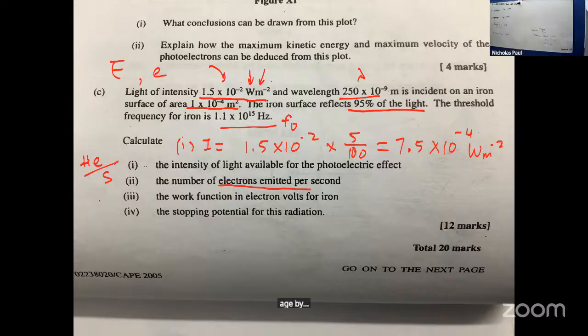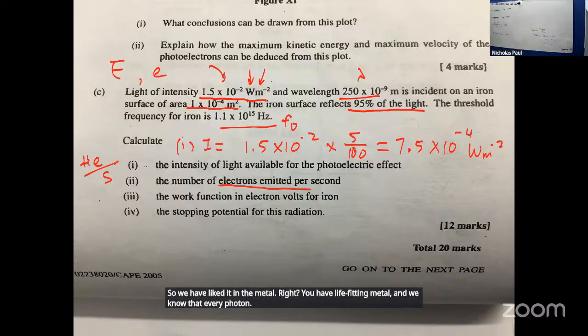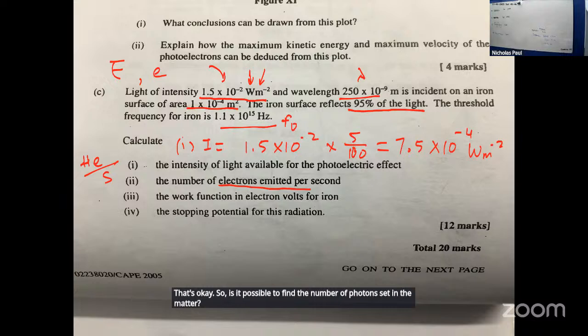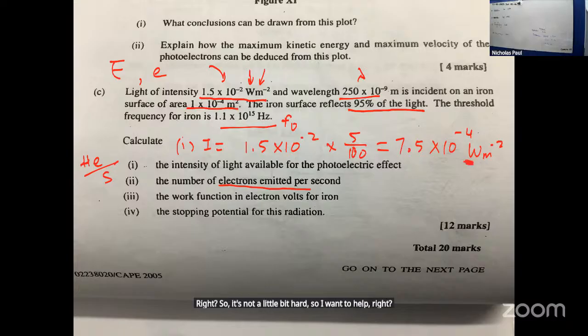Alright, so let's go simple. We have light hitting the metal, and we know that every photon hitting the metal will give you one electron. That's okay? So is it possible to find the number of photons hitting the metal? It's a little bit hard, so I want to help, right? What is power?